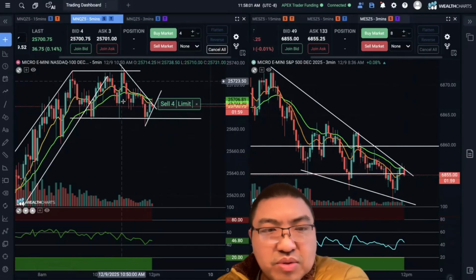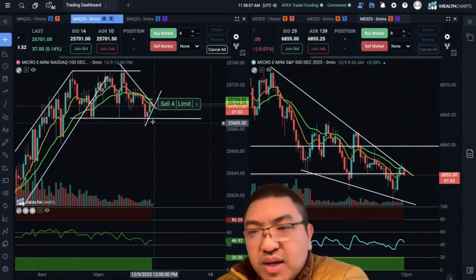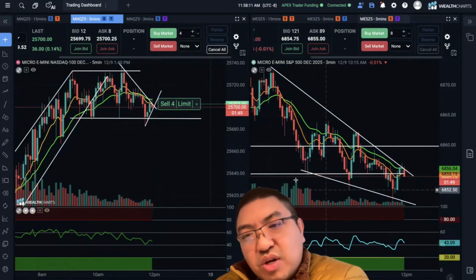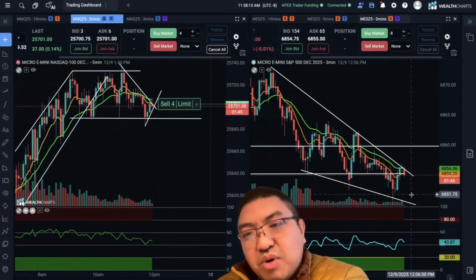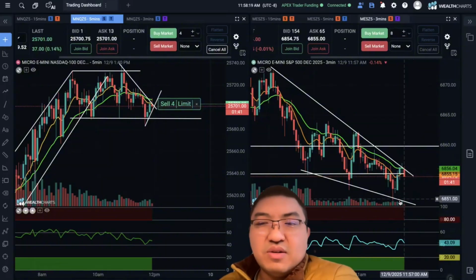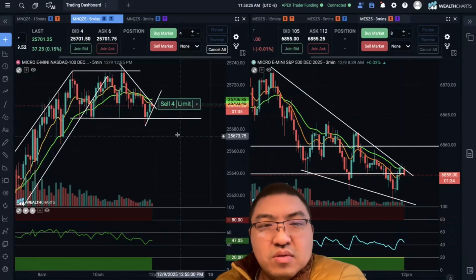But for NQ, I'm not sure. This is still sideways trying to break, and this could be a fake breakout. And you see this channel is shrinking, is aggregating somewhere, which means the downward momentum is decreasing.